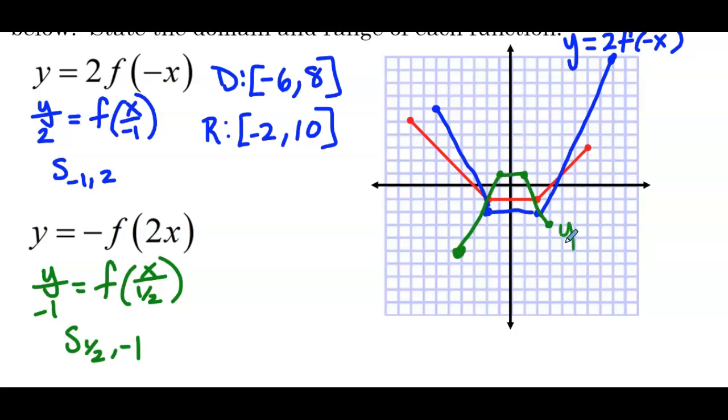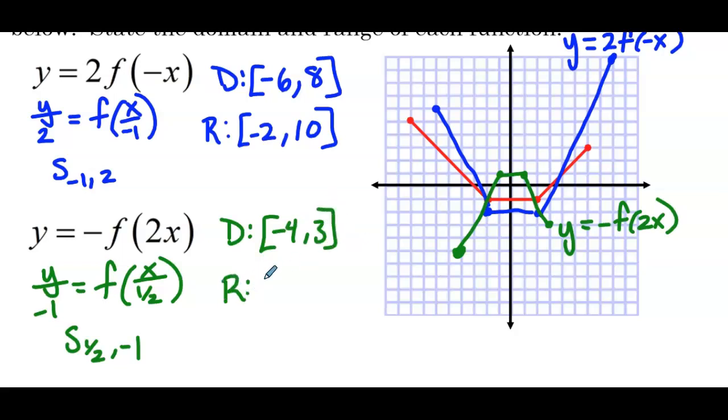So there we have y equals negative f of 2x. Our domain, working from left to right, we're going from negative 4 to 3. And our range, working from bottom to top, we're going negative 5 to 1. Okay, so that's how we scale and reflect a piecewise function.